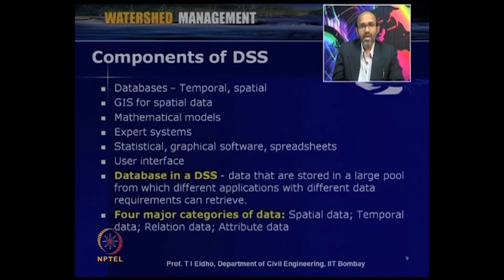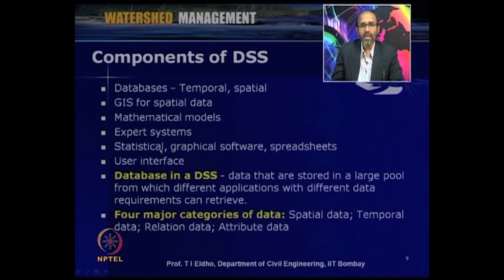And then another component can be the expert systems. For each kind of particular problem or model, we can have an expert system related to simulation or optimizations, and that can also be a component of the decision support system.